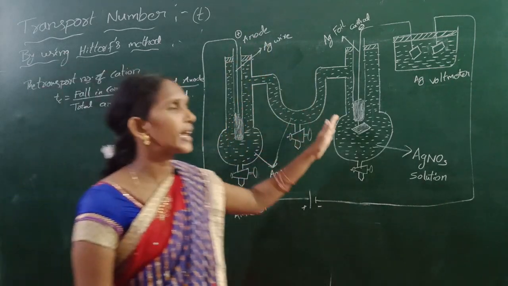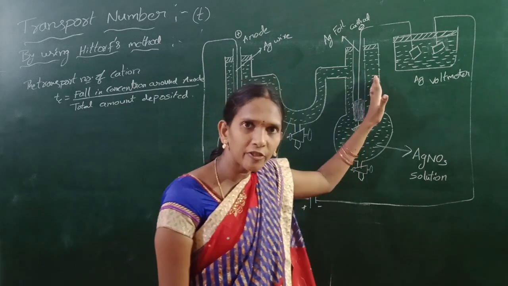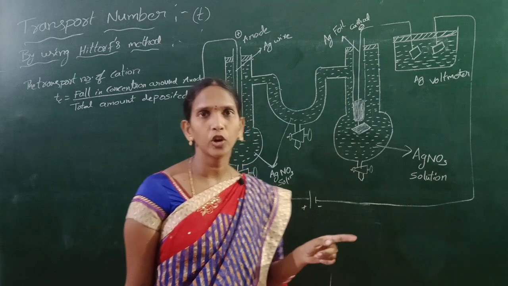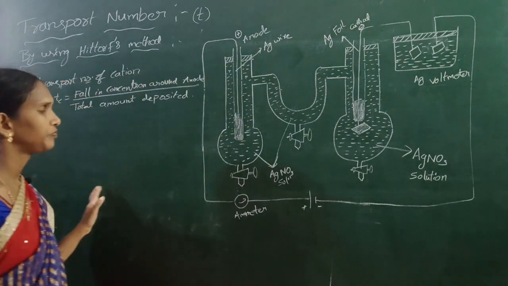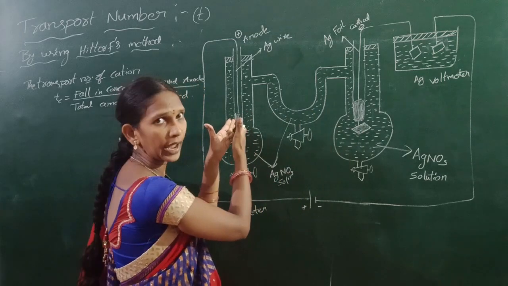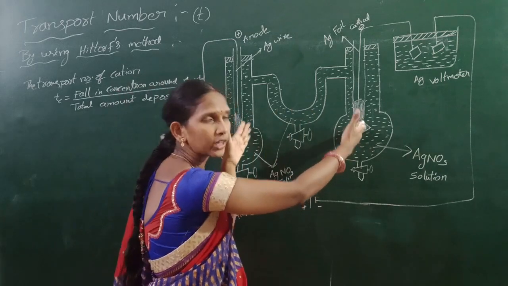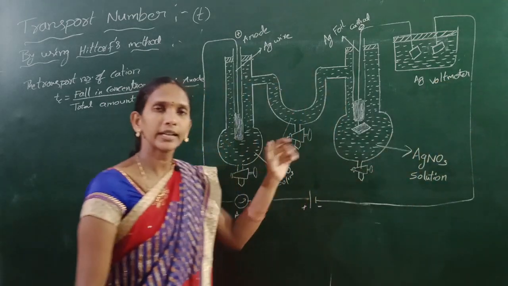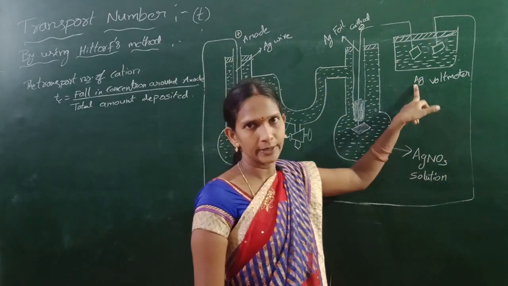The second glass tube contains a silver foil. It acts as a cathode. These two electrodes, anode and cathode, are connected to the voltmeter.